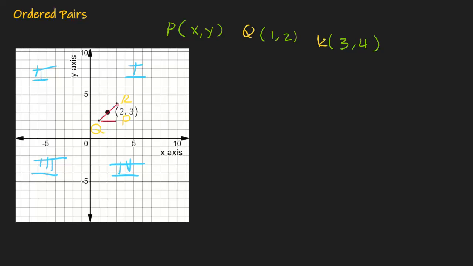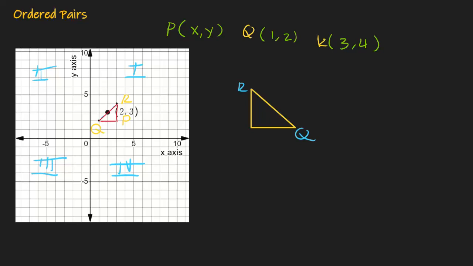To get the projection, we have this distance from Q to R. But how do we find the distance from Q to R?